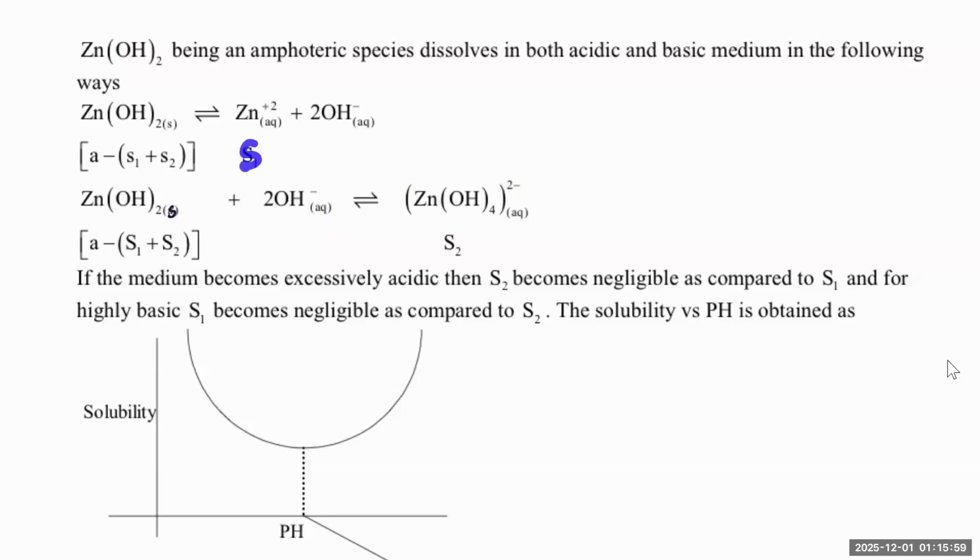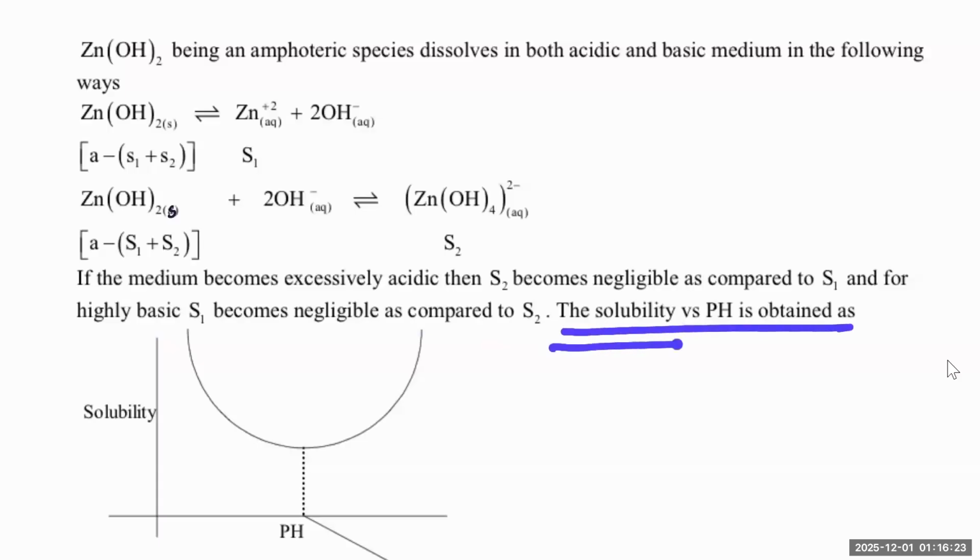Now here it has been defined: S1 is the concentration of Zn2 plus. S2 is the concentration of Zn(OH)4 2 minus. Now, if the medium becomes excessively acidic, then S2 becomes negligible as compared to S1. And for highly basic medium, S1 becomes negligible as compared to S2.